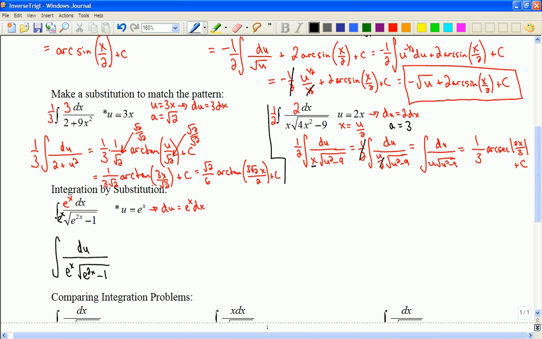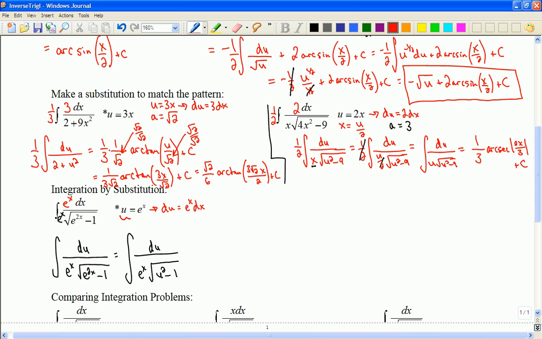And now looking at my problem, I can also make my change for u. So du over e to the x root u squared minus 1. And you know, we're just working on this now, but some of you might be able to recognize what we're going to do.